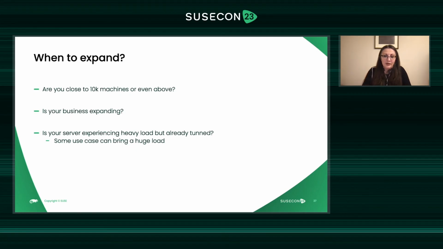There have been some cases where, even before the 10,000 endpoint mark, some use cases have experienced a huge load on a SUSE Manager because of the methodology in which the customer is using it. So there are cases where you don't necessarily need to exceed the 10,000 machine mark to introduce the hub architecture, although they may be one-offs, right?